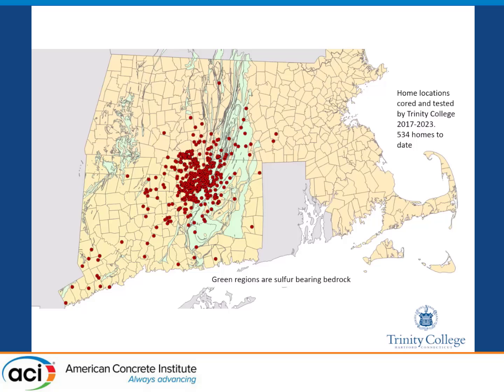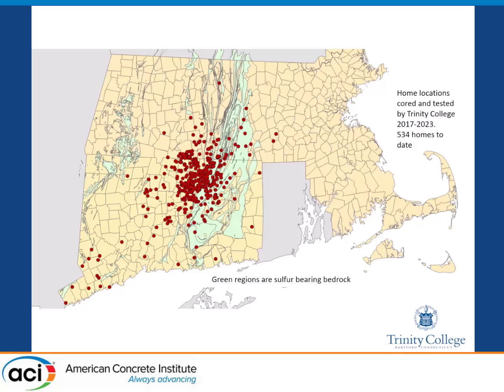Also on this map, in the green, which hopefully you can see, the area in green are the bedrock formations that are the sulfur-bearing rocks and have the potential to contain pyrrhotite.